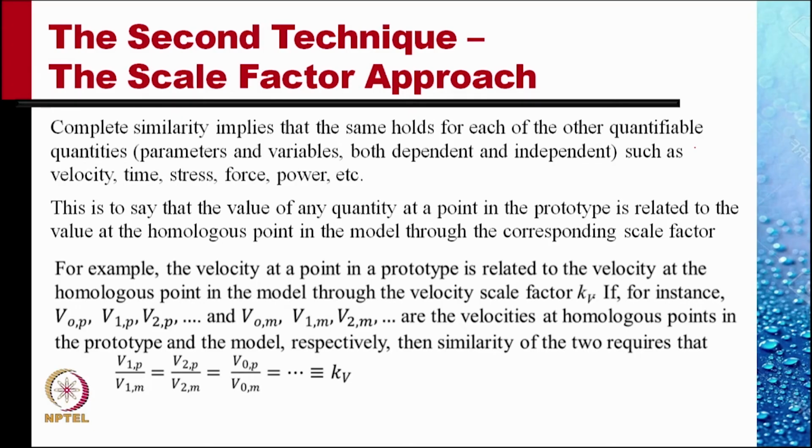If, for instance, V0P, V1P, V2P and V0M, V1M, V2M are the velocities at homologous points in the prototype and the model respectively, then similarity of the two requires that V1P over V1M is V2P over V2M, and so on, all equal to Kv, the velocity scale factor.